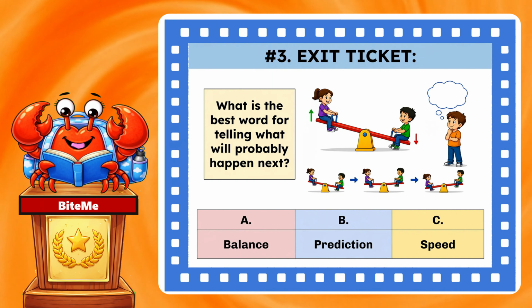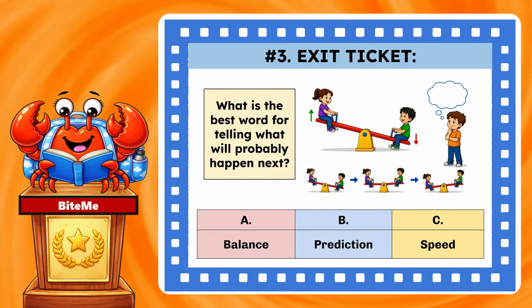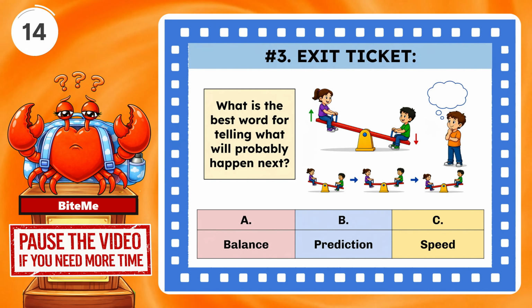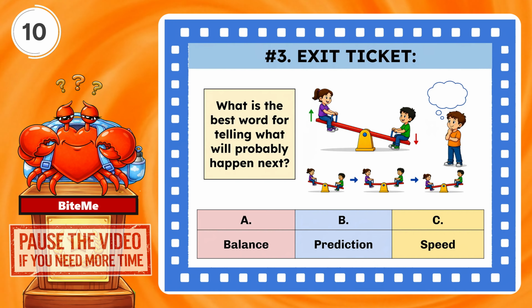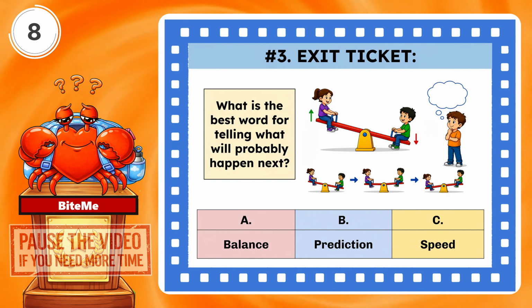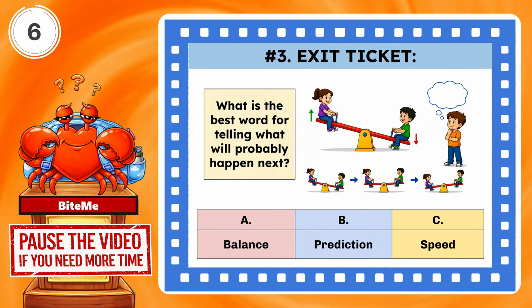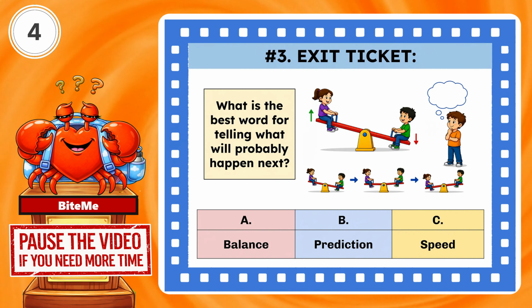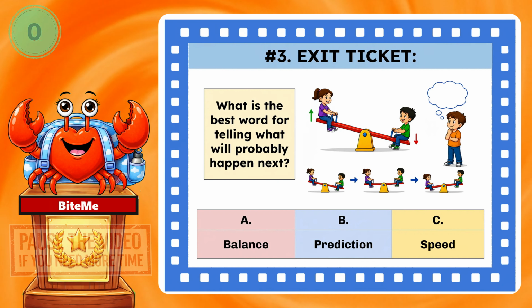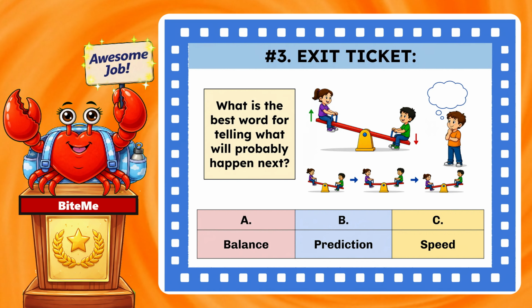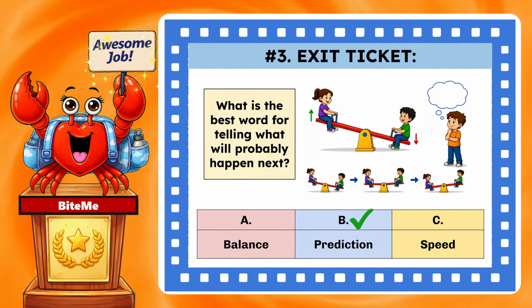What is the best word for telling what will probably happen next? And the correct answer is letter B, prediction.